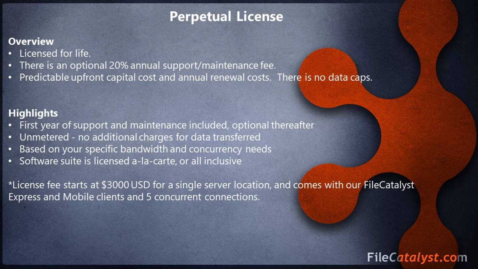Basically, you can move as much data as there's hours in a day. It's based on the specific bandwidth and concurrency needs you have, so how many concurrent transfers you need to do and the bandwidth, the pricing is based on that. And you have options on a la carte where you can buy every specific little feature, or you can buy an all-inclusive that gives you a package of pretty much all the functionality and concurrent connections that you need.